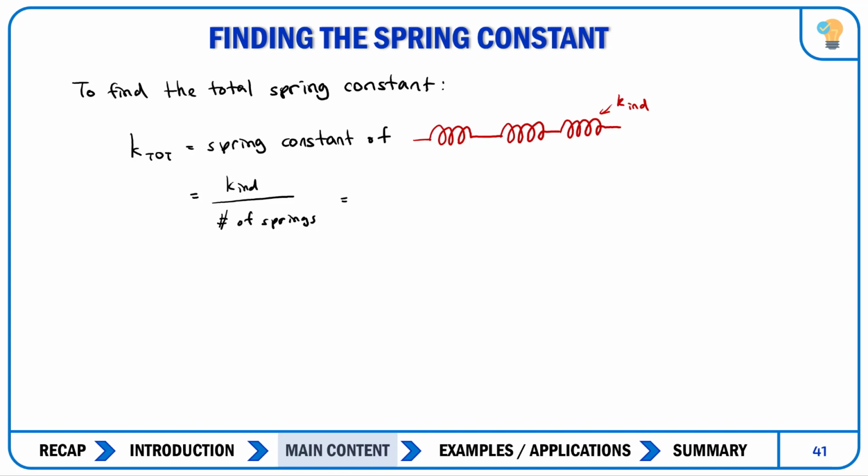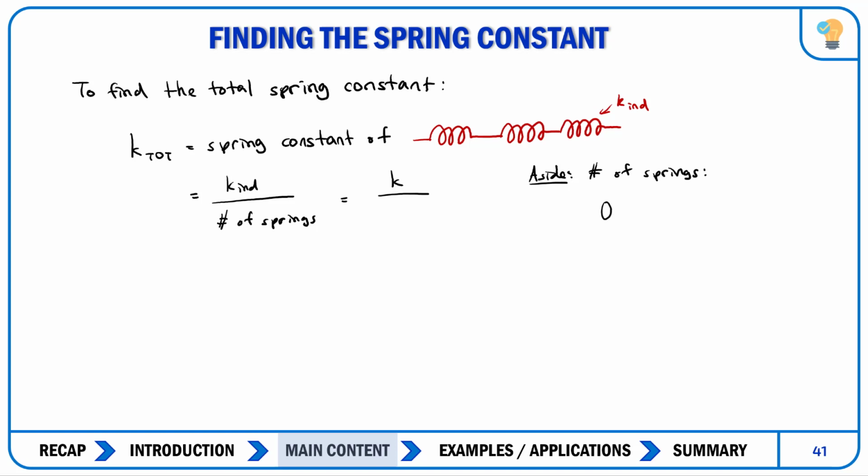And that is going to be equal to K divided by the number of springs, which we figure out as follows.